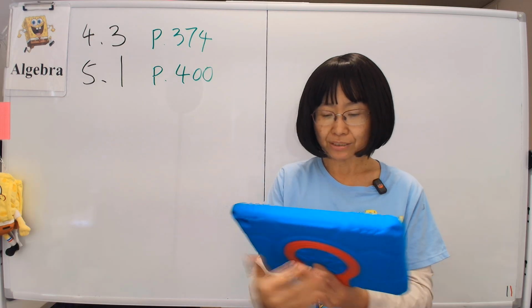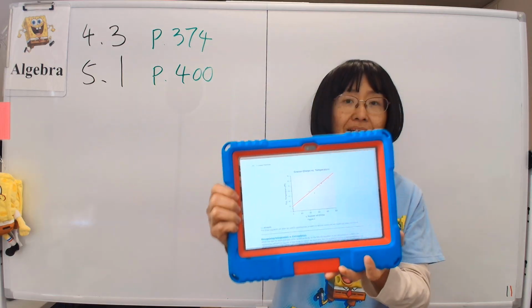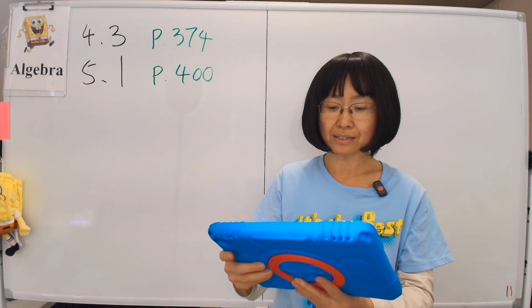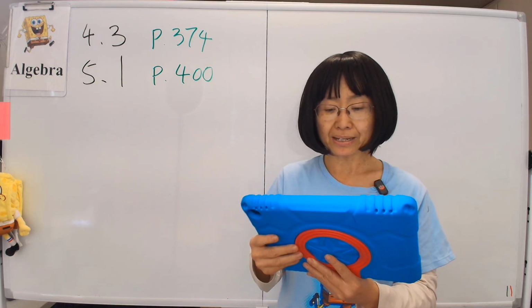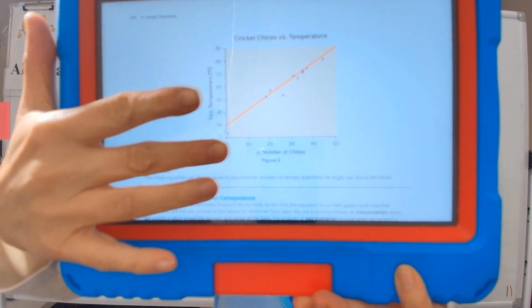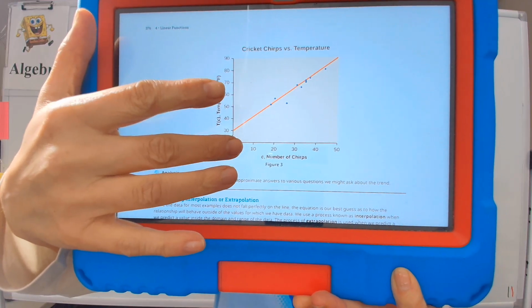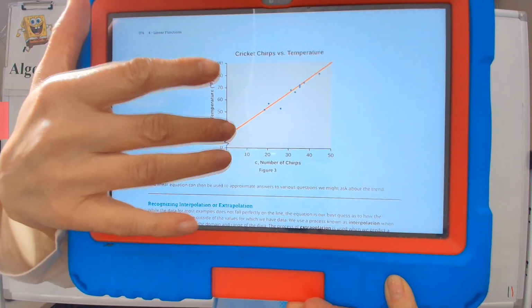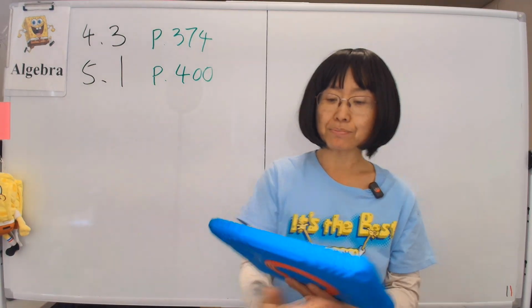Once you have your line, you can roughly make guesses. That is, whatever this data is representing, you can guess that when the number of chirps was 10, what the temperature might have been, that sort of thing. So that's what the line enables you to do.